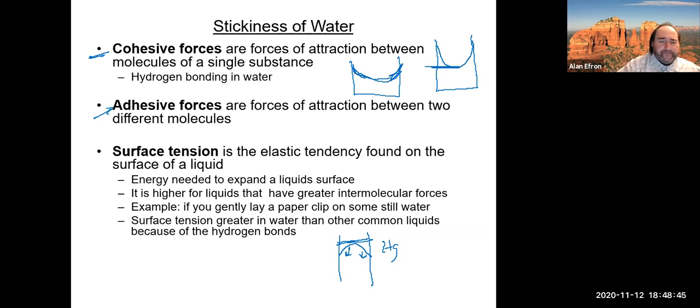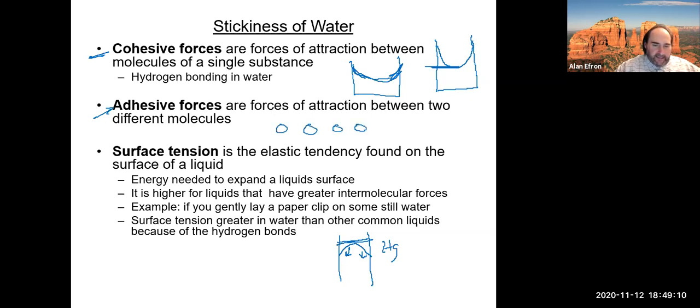Another property of, say, water is what is referred to as surface tension. And surface tension is basically the elastic tendency of the surface to occur as the surface expands. So when we think about the surface of water, we have water molecules right there at the surface.